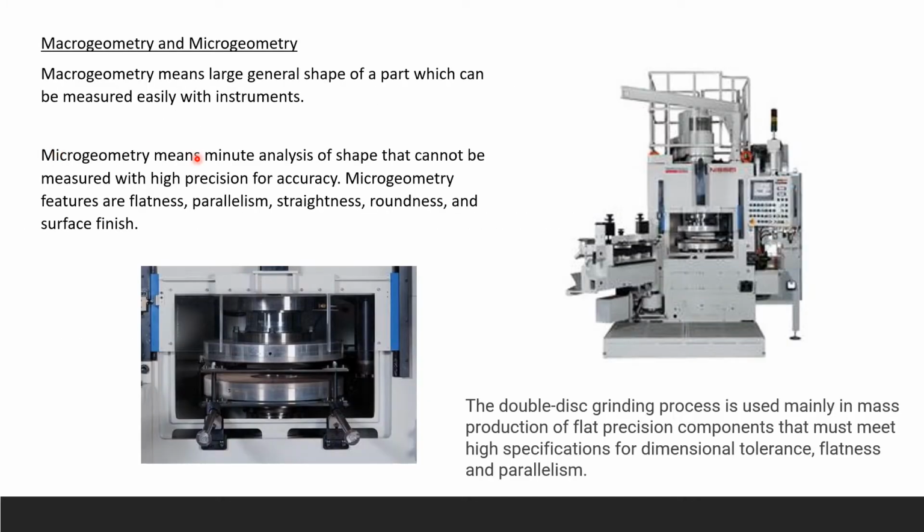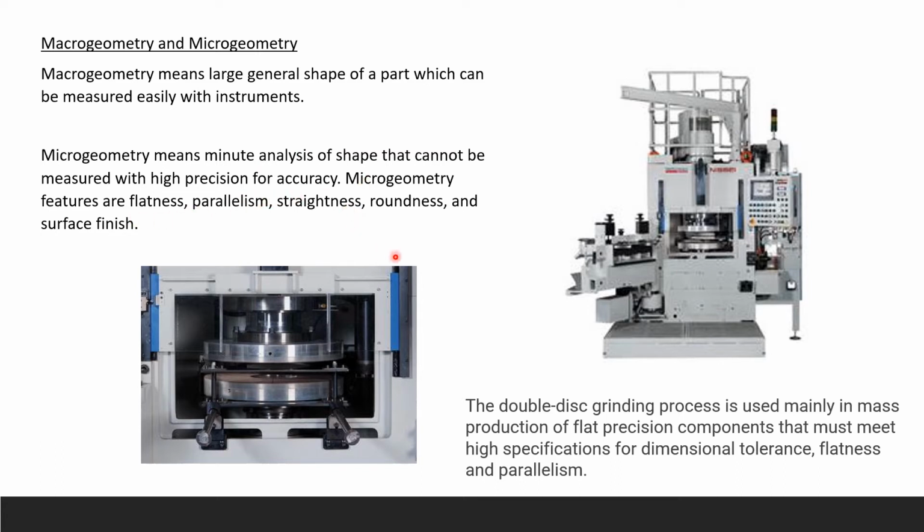So macro geometry means nothing but the large general shape of a part which can be measured easily with instruments. Micro, on the other hand, means minute analysis of shape, okay? We're analyzing very, very small shape that cannot be measured easily with high precision.